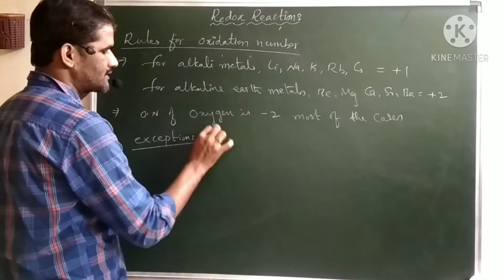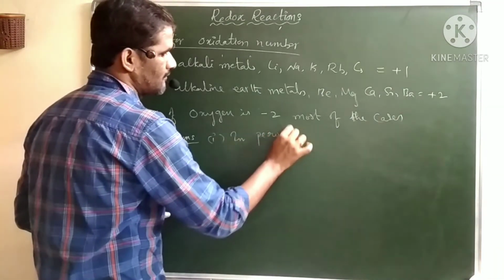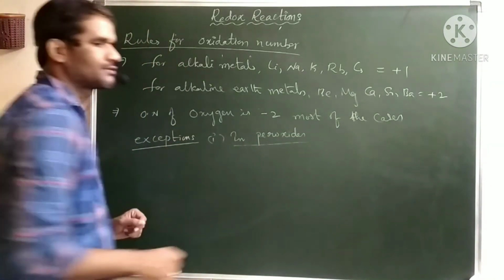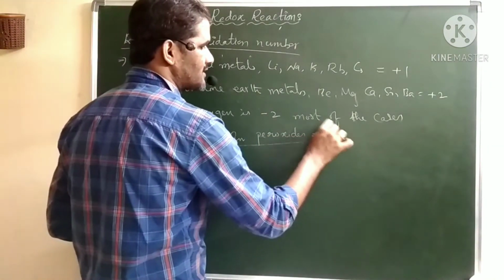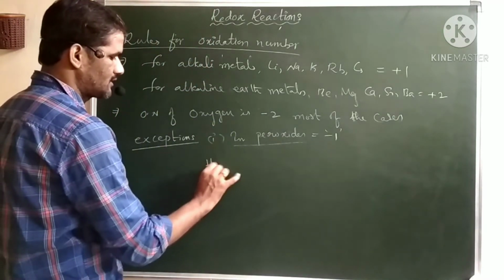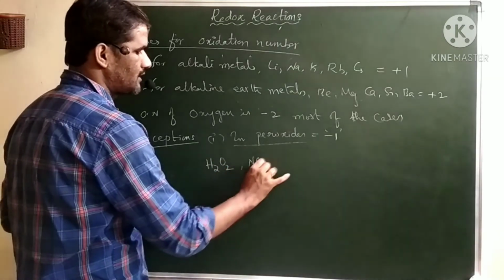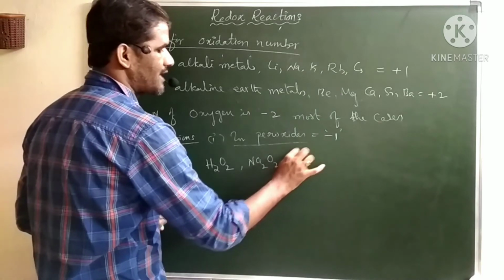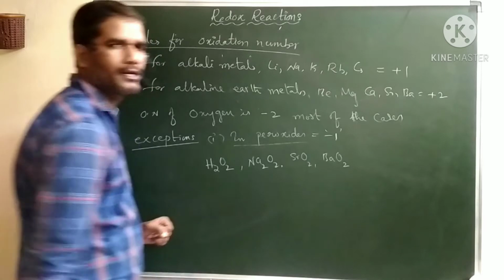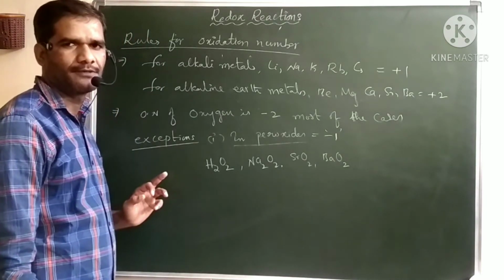The first exception is in peroxides. In peroxides, oxygen shows the oxidation state -1. Examples of peroxides are hydrogen peroxide, sodium peroxide, strontium peroxide, and barium peroxide. In these cases oxygen exhibits the -1 oxidation state.